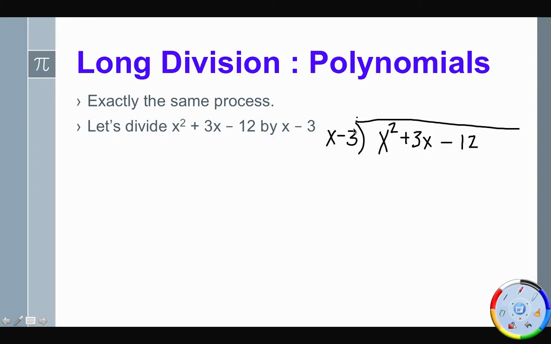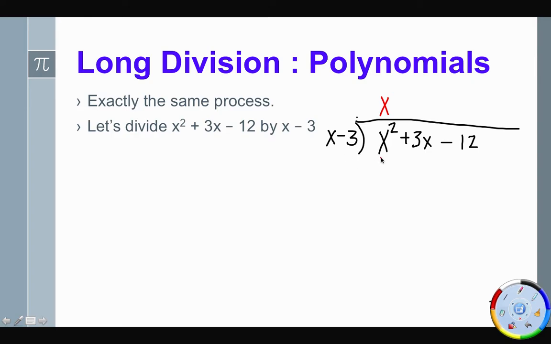Now, when we're looking at how many times does something go into something, we actually don't look at the 3 here. We ask, what can I multiply by x to get x squared? And we know that x times x will get me x squared. So we have to do this multiplication now. And don't forget to distribute. This is x times the entire thing in front.